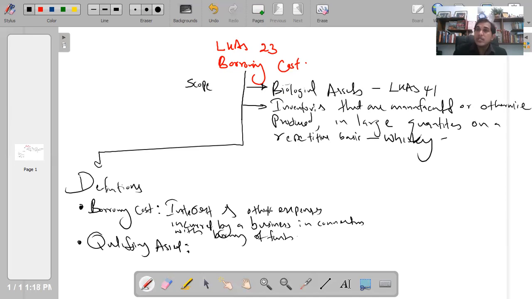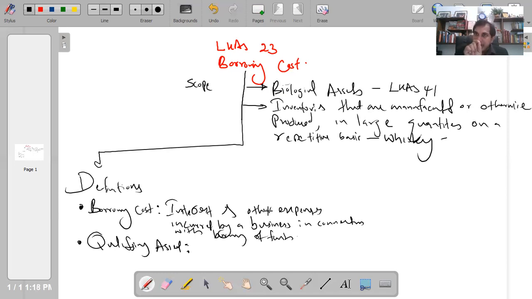So for loans, the entity should pay interest. In addition, when entities obtain loans, there are some fees directly attributable to that loan, for instance lawyer charges, stamp duties, etc. Those expenses also could be identified as part of borrowing cost, not only interest.